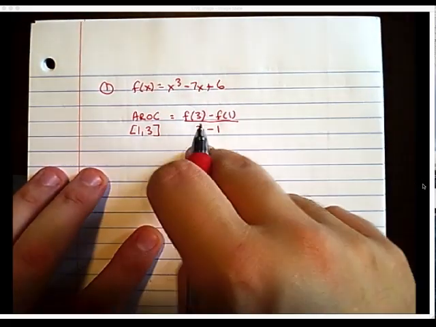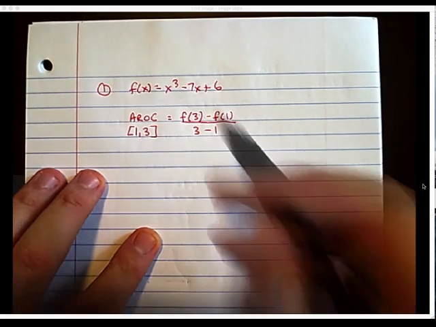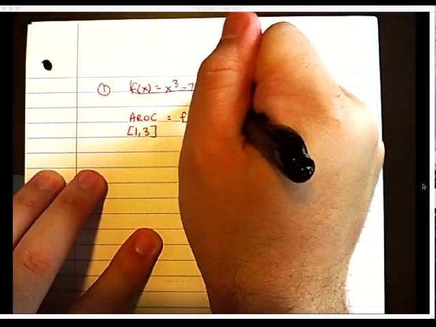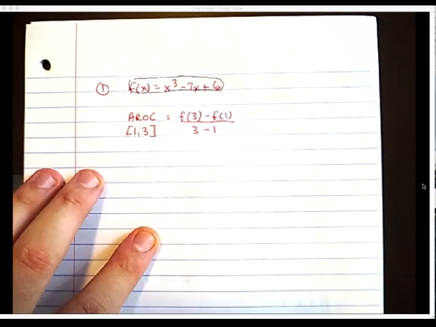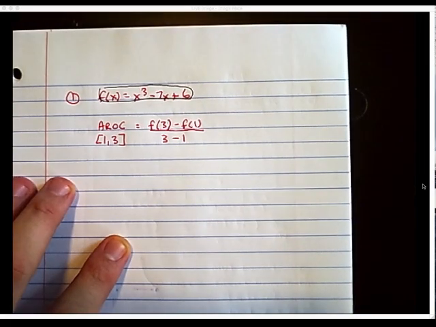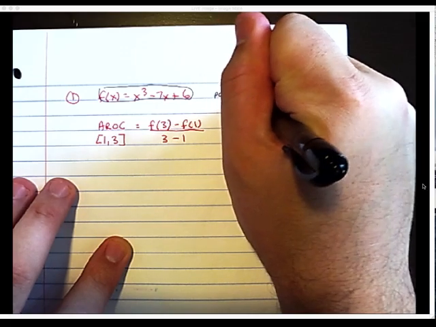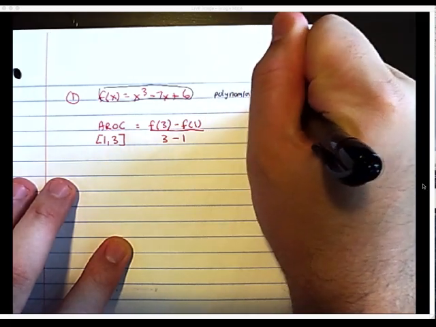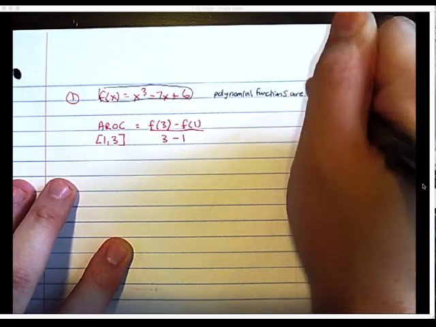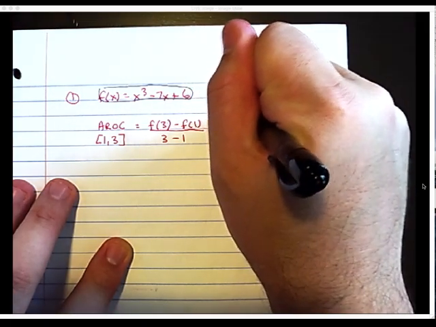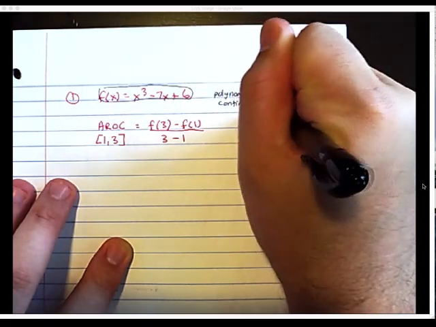Okay. But before we actually do that, this is a polynomial. If we're going to use the mean value theorem, then we have to say the conditions are met. So we're going to say that polynomial functions are continuous and differentiable.